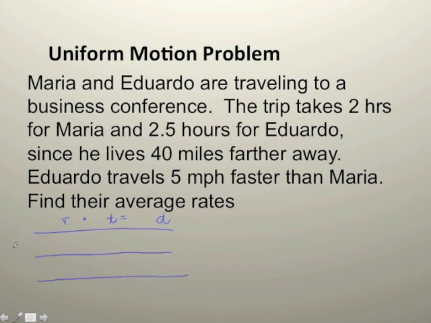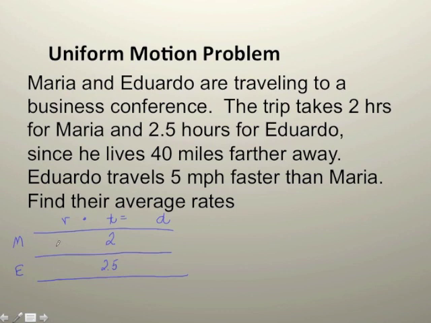So we have Maria and Eduardo. The trip takes 2 hours for Maria and 2.5 hours for Eduardo. Eduardo travels 5 miles an hour faster than Maria, and we're finding their rates.